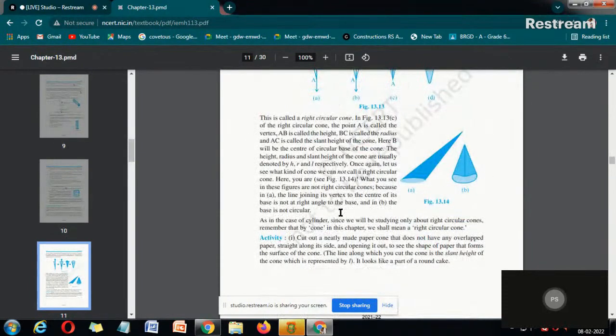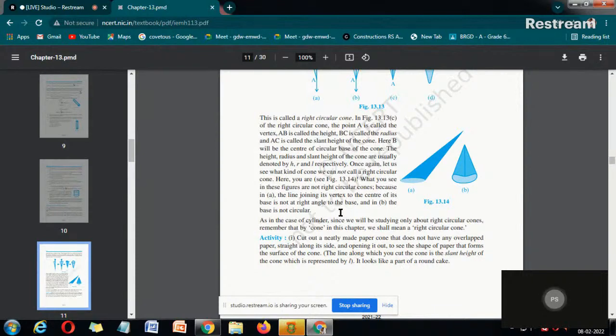In figure 13.13 of the right circular cone, the point A is called the vertex, AB is called the height, BC is called the radius, and AC is said to be the slant height. Here B will be the center of the circular base of the cone. The height, radius, and slant height of the cone are usually denoted by h, r, and l respectively.